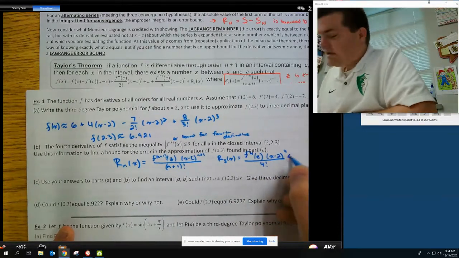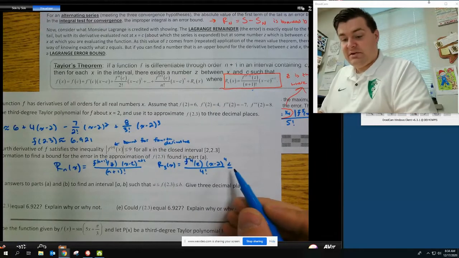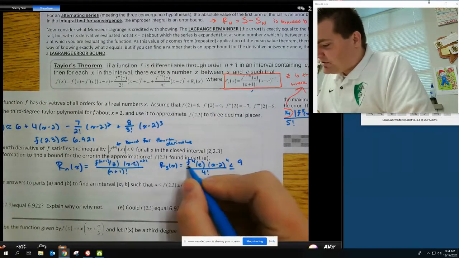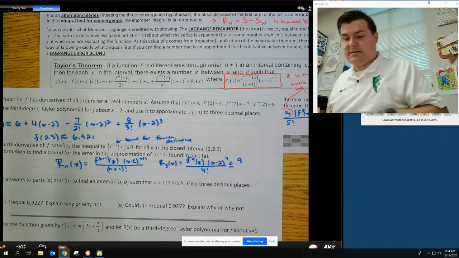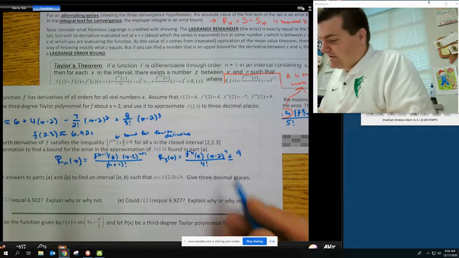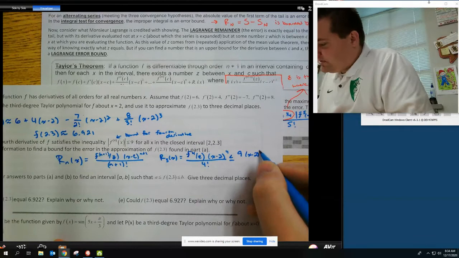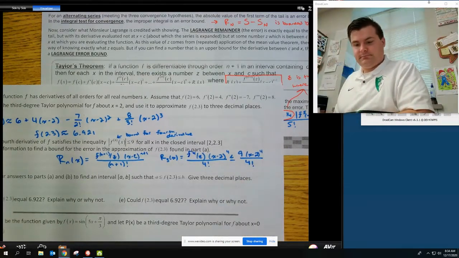And that is less than or equal to the greatest number. What's the greatest number here? Well, it says it was 9, so it's 9. So this is just going to turn into 9. So really not too bad, okay? Trying to make it as least confusing as I possibly can. 9 times x minus 2 to the fourth, all over 4 factorial. Okay?